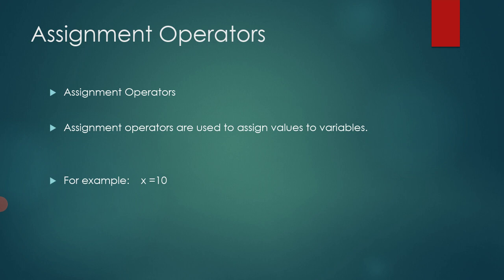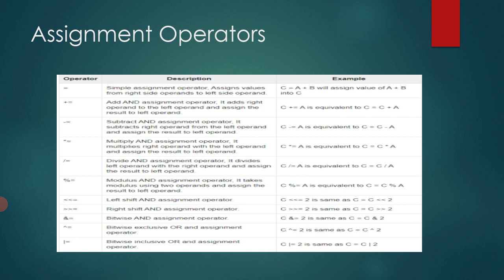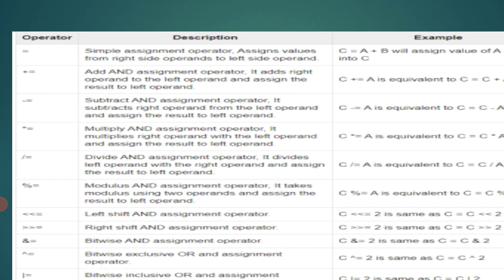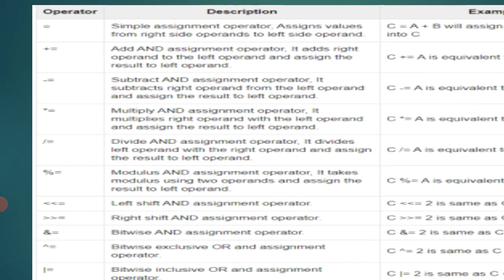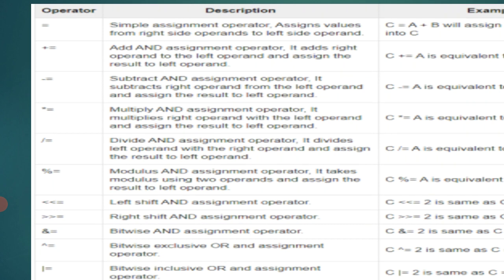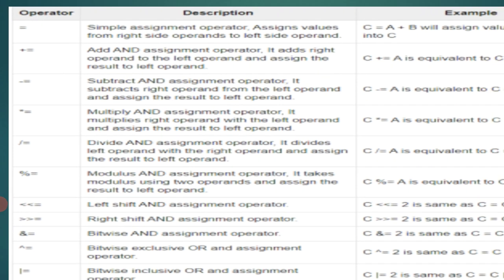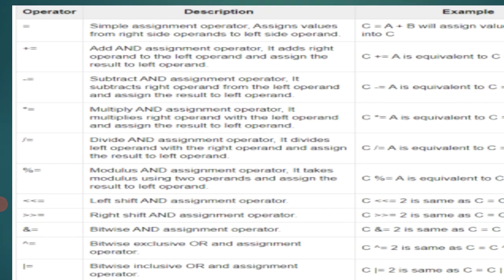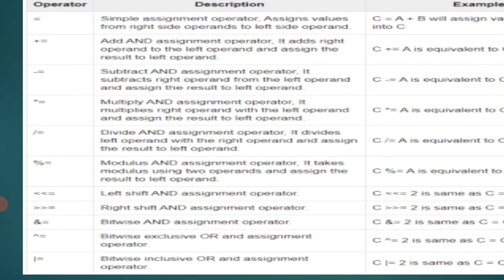Similarly, we use the assignment operator to assign different types of values to different types of variables. Now look at this. We have different types of assignment operators. Look at the first operator, that is equals to, the normal assignment operator. This is a simple assignment operator, and it assigns the value from the right hand side operand to the left hand side operand.